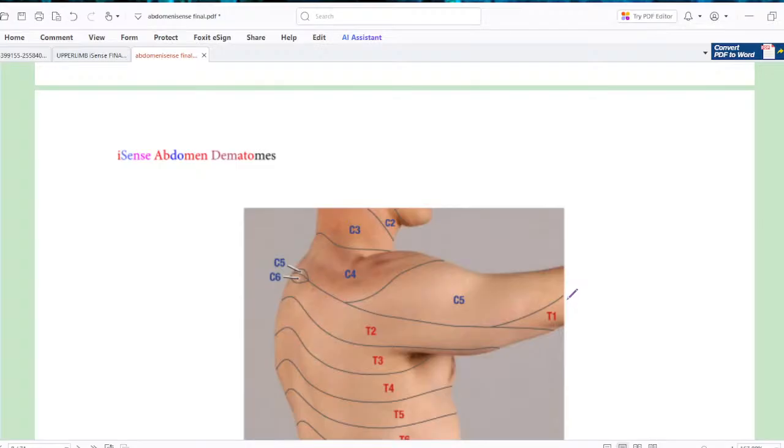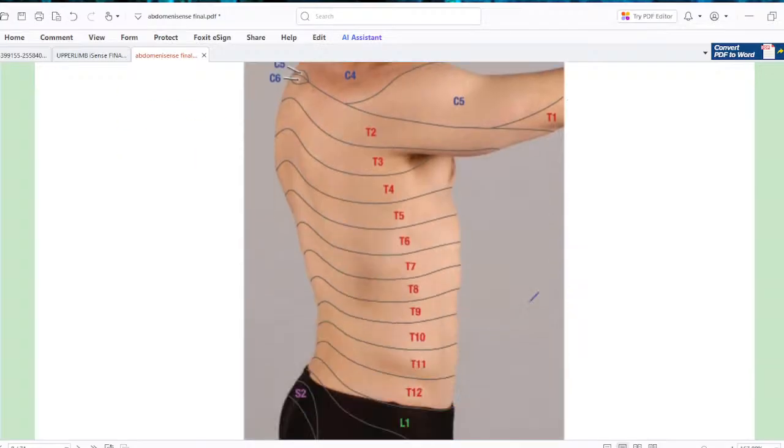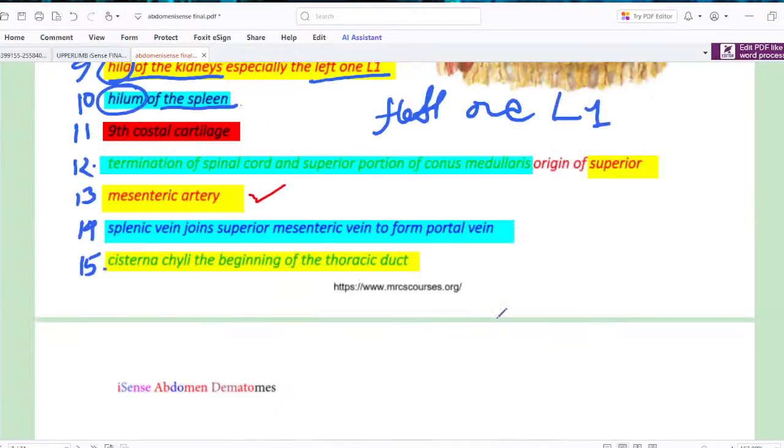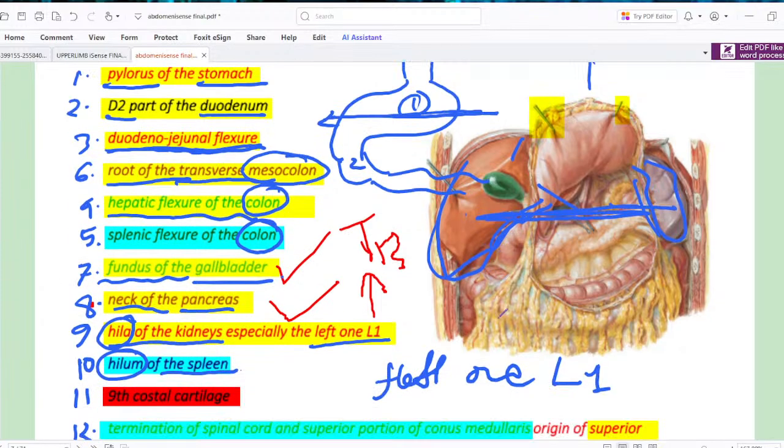So, pylorus of the stomach into duodenum, jejunal flexure, and then hepatic flexure of the colon, splenic flexure of the colon, transverse mesocolon.